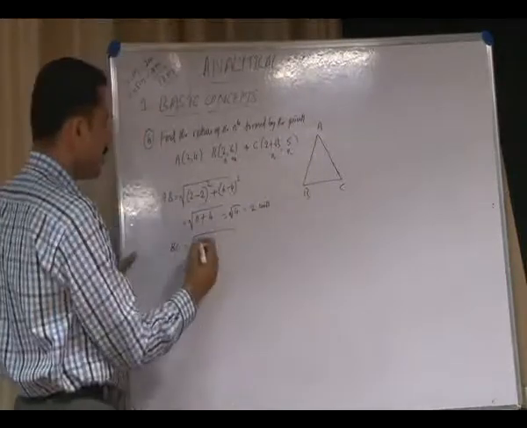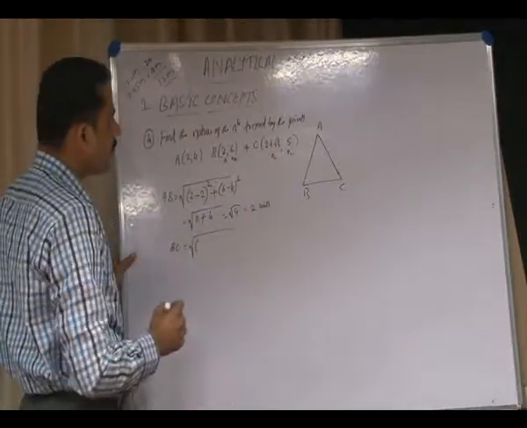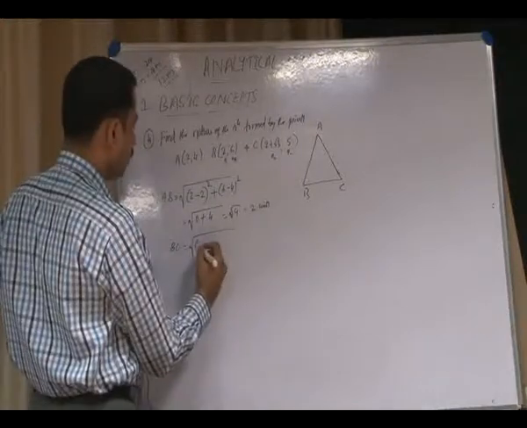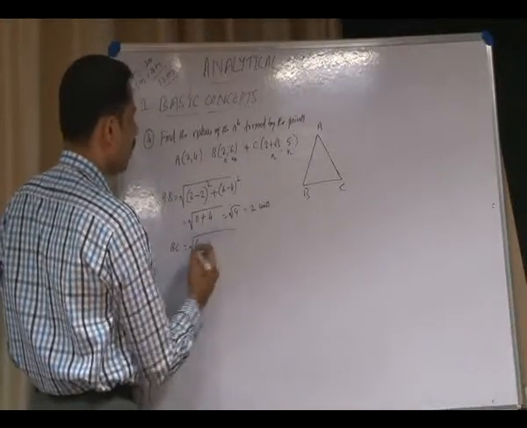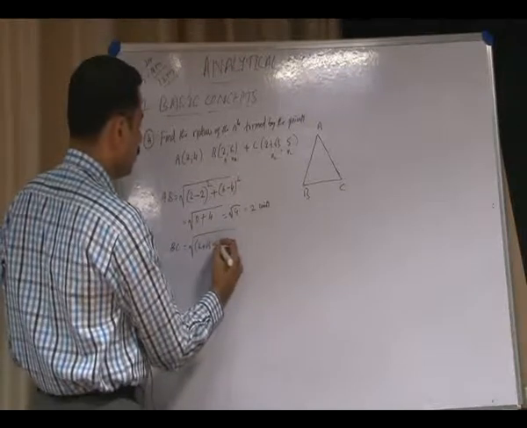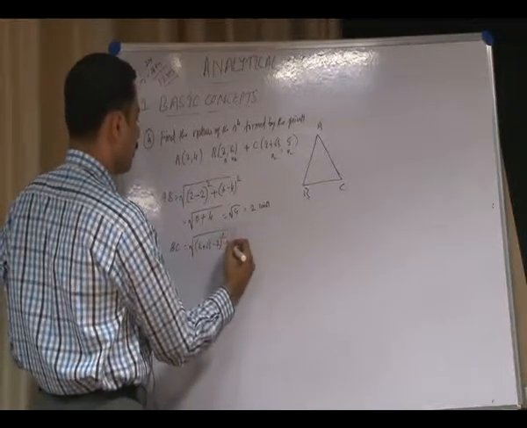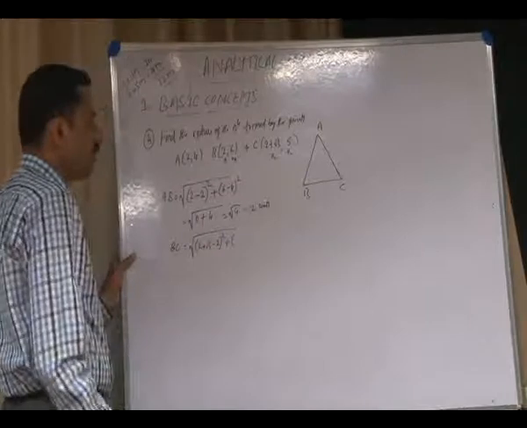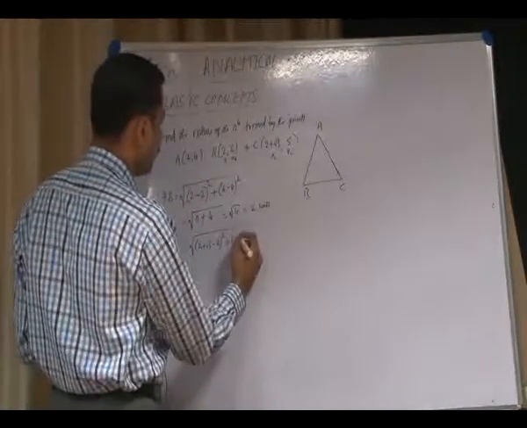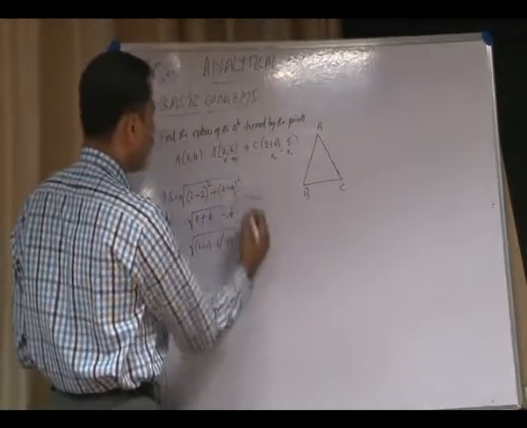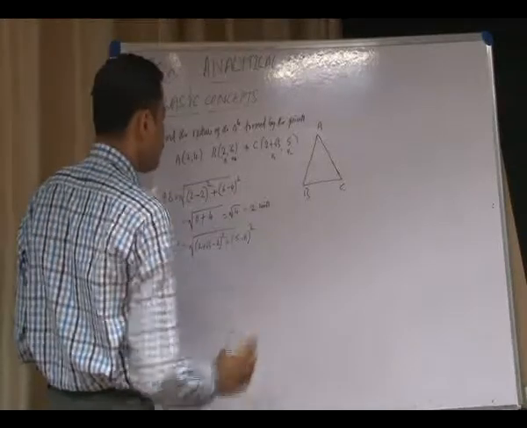So by using the distance formula, x2 minus x1, x2 is 2 plus root 3 minus x1 is 2 whole square, plus y2 minus y1 whole square, y2 is 5 minus y1 is 6 whole square.